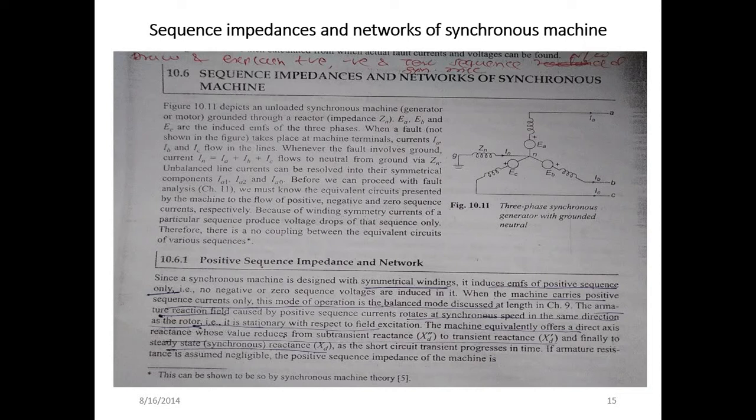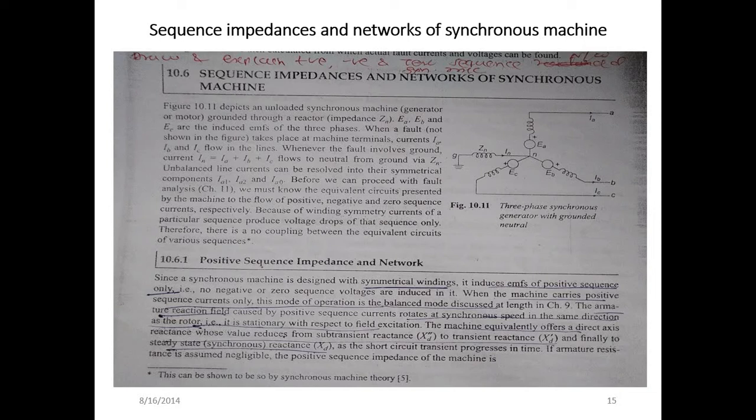So first of all, we'll refer to the diagram. Here, a three-phase synchronous generator with grounded neutral is shown. The EMFs generated by all the phases, that is Ea, Eb, Ec, are shown, then the reactance of the three phases in series with the EMF. In the neutral, the impedance of the neutral wire is Zn.